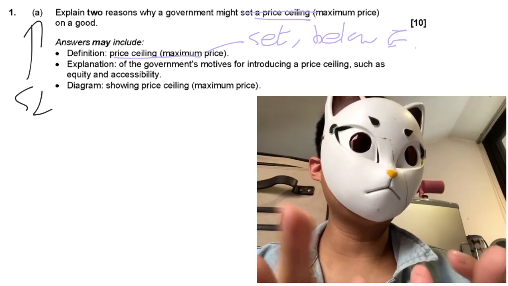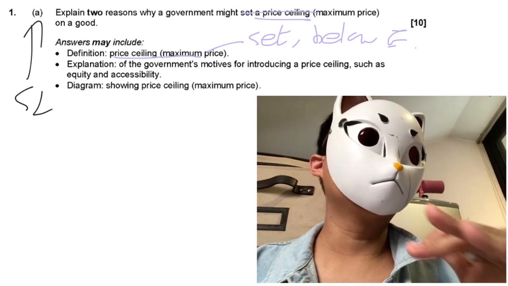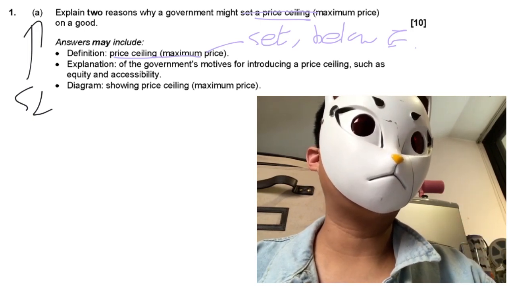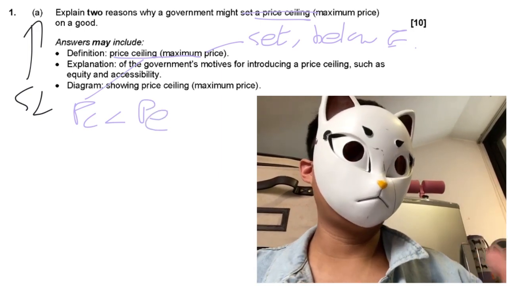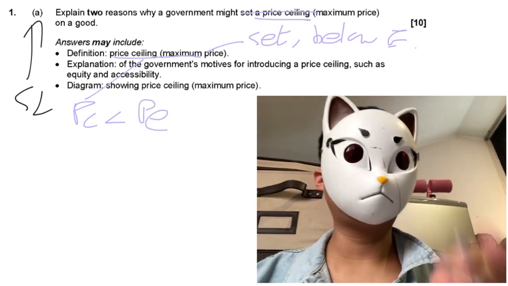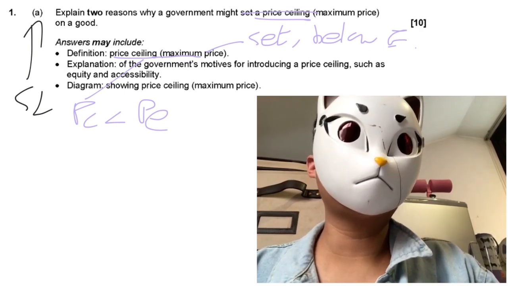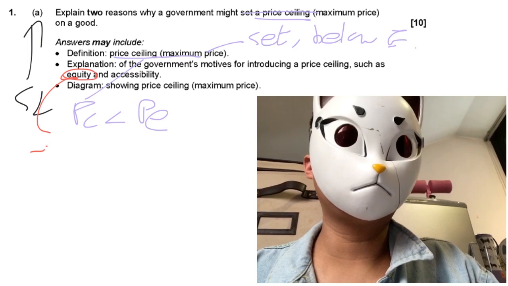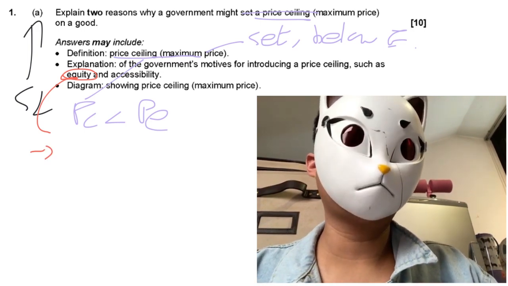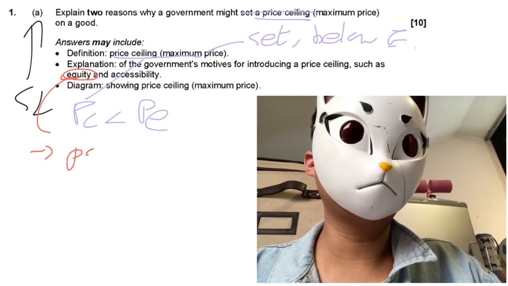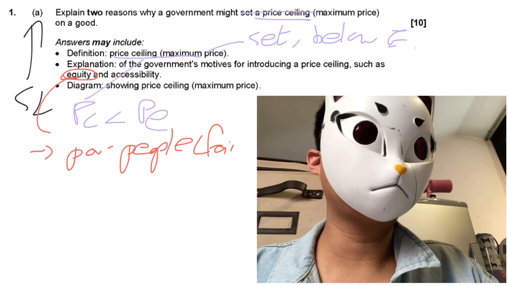Next, why would the government make such a decision? A maximum price means the price set must be below the equilibrium. So why would the government set the price below the equilibrium? The first reason is equity. It tries to make sure that equity exists, so it will be fair to poor people, and they can buy what they need.